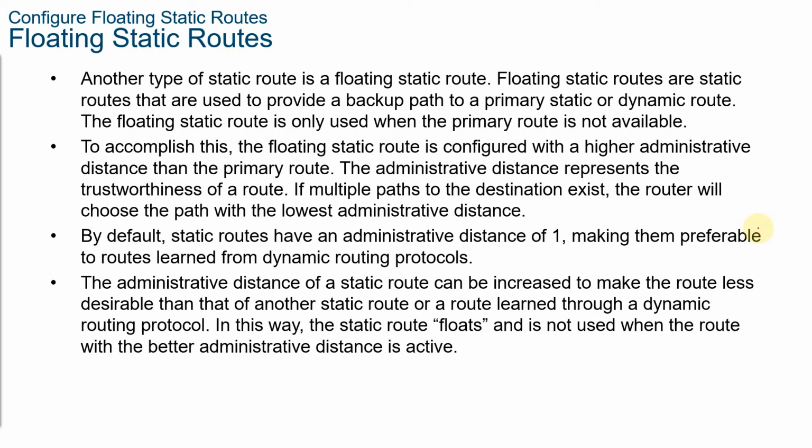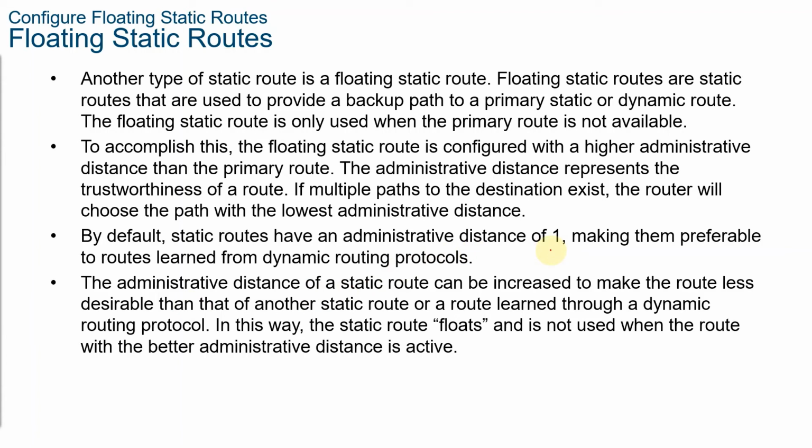To accomplish this, the floating static route is configured with a higher administrative distance than that of the primary route. The administrative distance represents the level of trustworthiness, as we discussed in the last topics. If multiple paths to the destination exist, the router will choose the path with the lowest administrative distance. For example, assume that the administrator wants to create a floating static route as a backup to an EIGRP learned route.